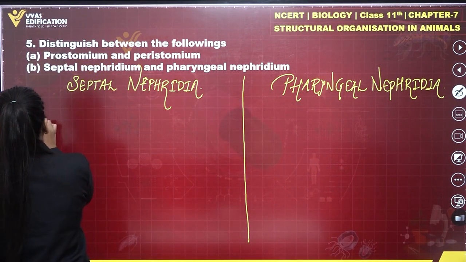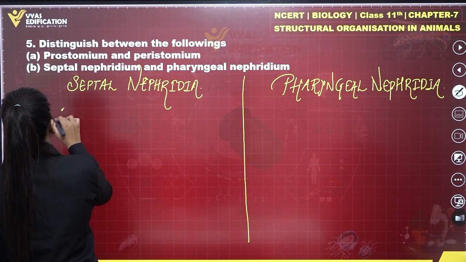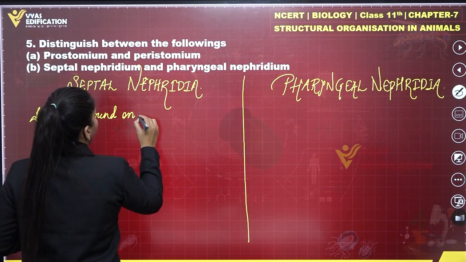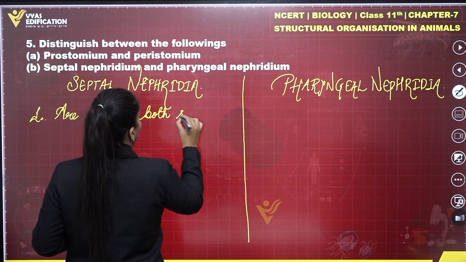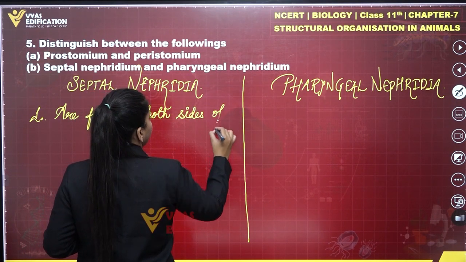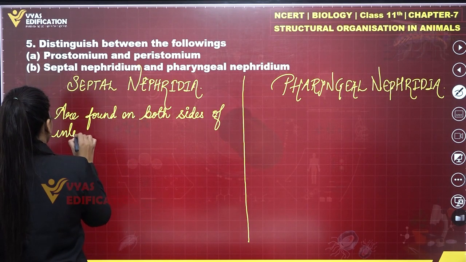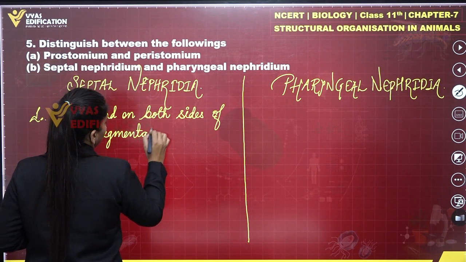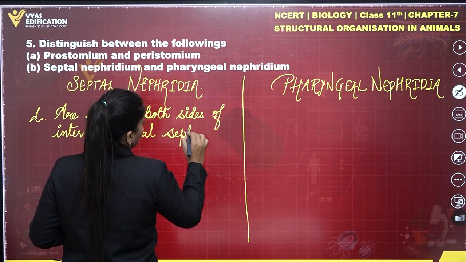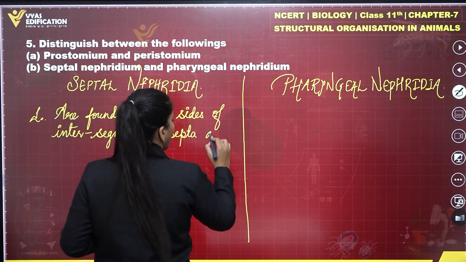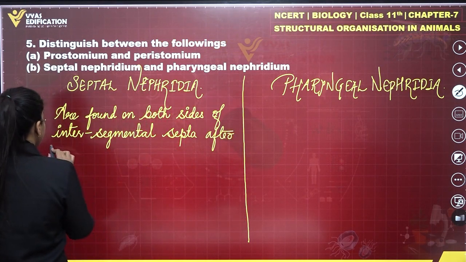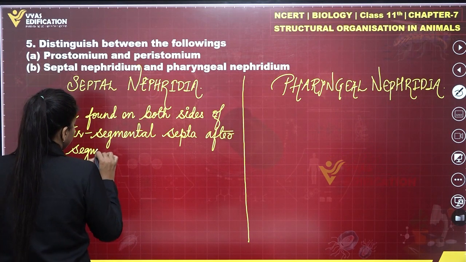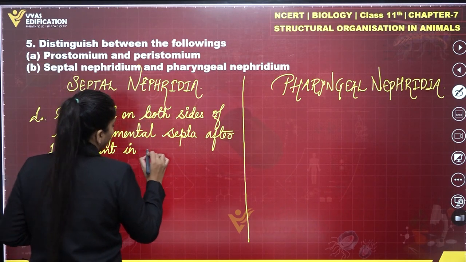So the first point: septal nephridia are found on both sides of intersegmental septa, behind the 15th segment in the earthworm.